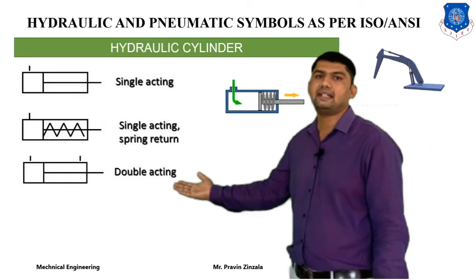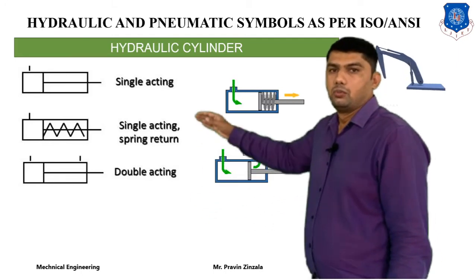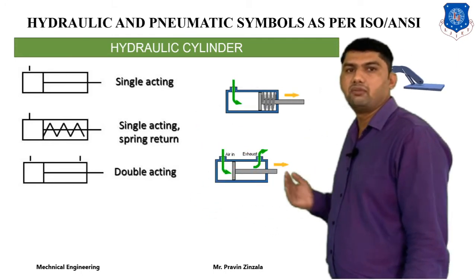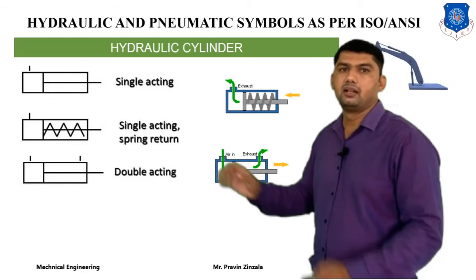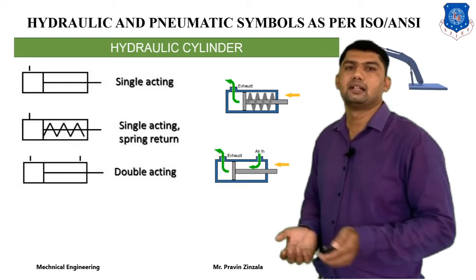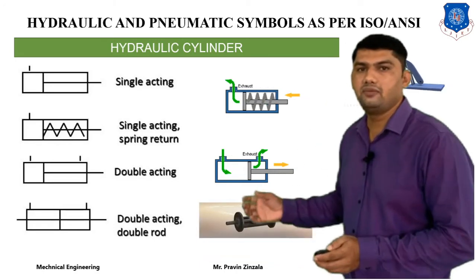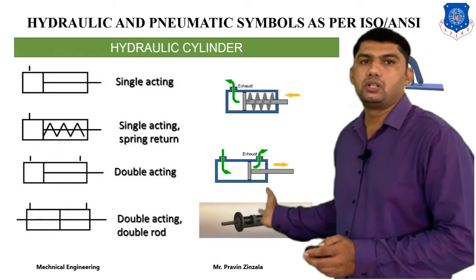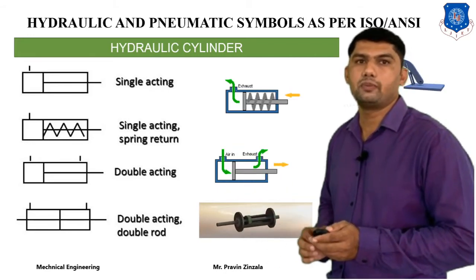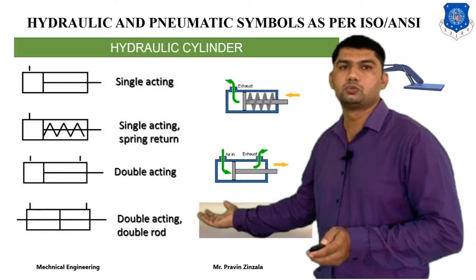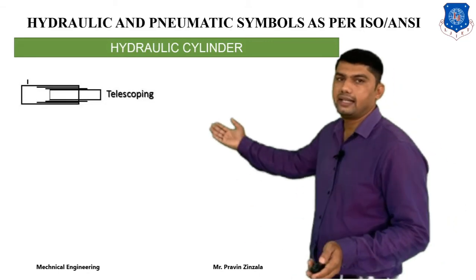Next one is the double acting cylinder, which operates on both sides of the piston. Fluid is passed from this side so the piston extends, and with the same flow in the opposite direction, the piston retracts. So this is the double acting cylinder. The next diagram is the double acting double rod type, in which a double rod is used, meaning motion is utilized from both the front side and rear side of the cylinder, and according to requirement it is used for automation in hydraulic and pneumatic systems. The next cylinder is the telescopic cylinder.